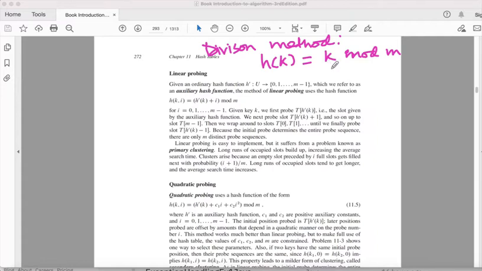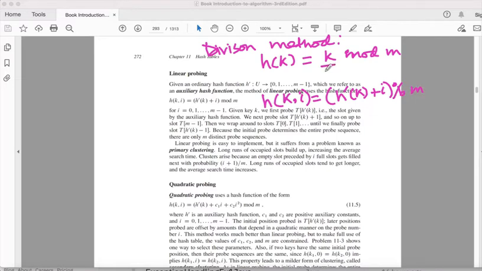But here, instead of using k directly, we will use another variable, h of k, i, where i is the index, or offset, or probe, equal to h dash of k plus i, mod m.